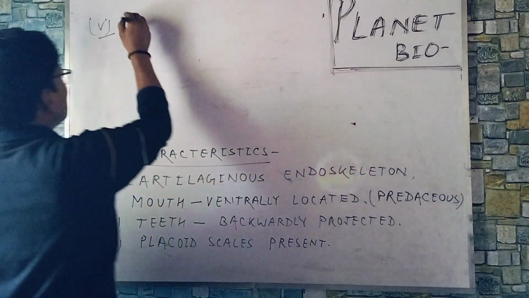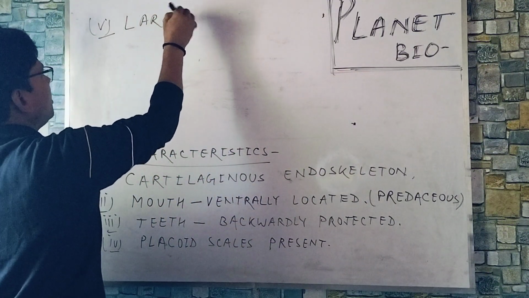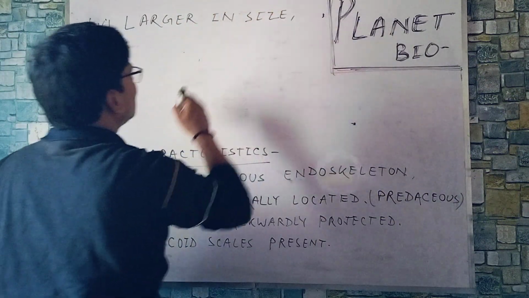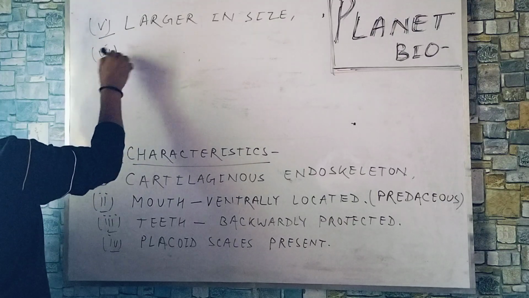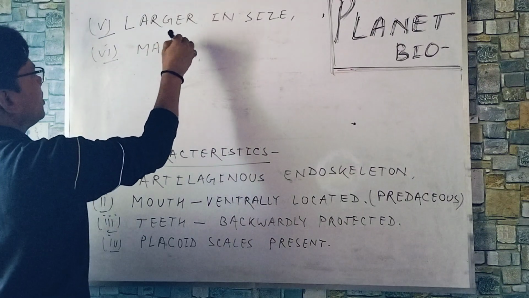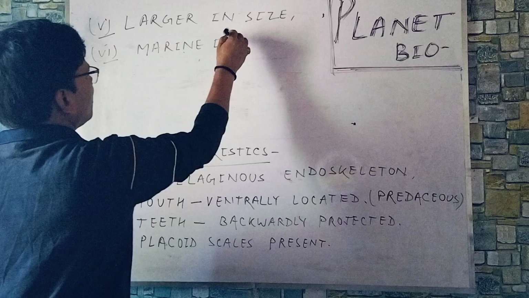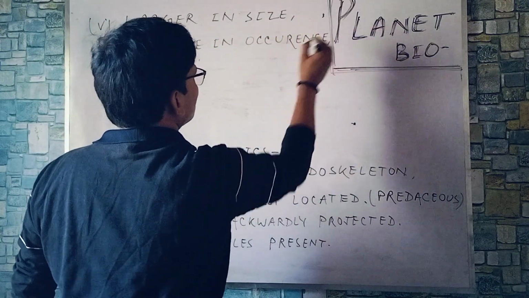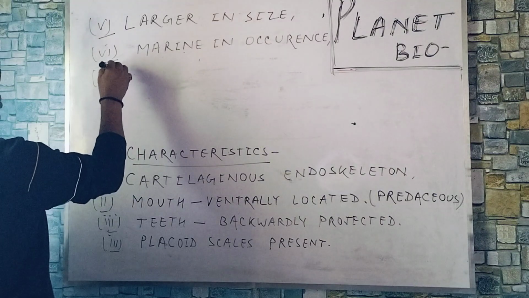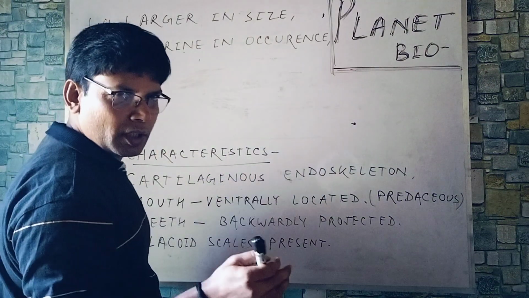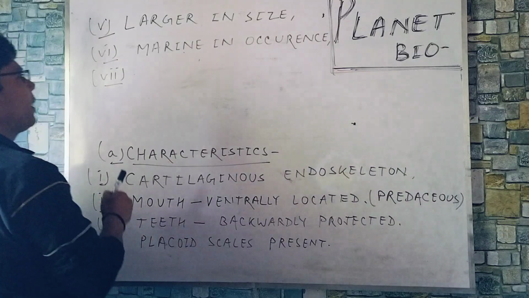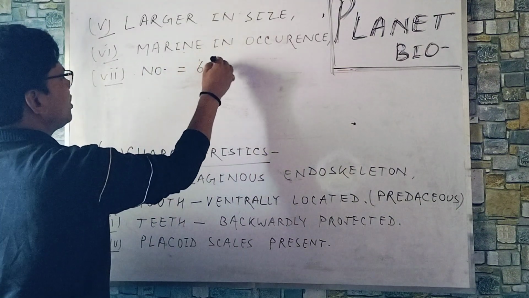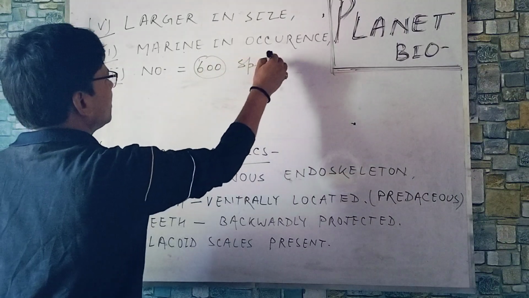The body is larger in size. Then marine in occurrence. They are quite adapted to live in seawater. And the number of species is estimated to be only 600.